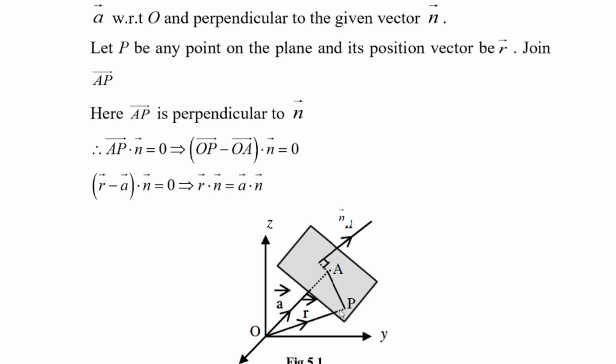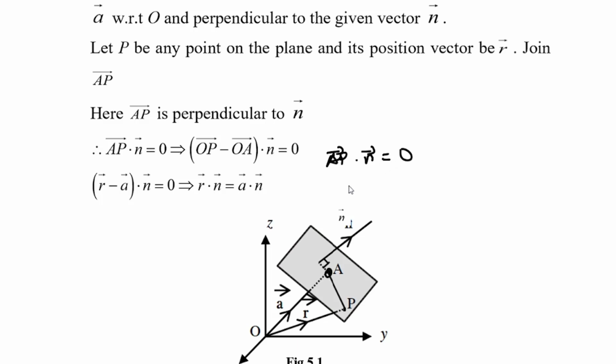For that matter, vector AP is perpendicular to vector N. So joining point A to point P creates vector AP, which is perpendicular to N. And for perpendicular vectors, we've already said that if two vectors are perpendicular, then the dot product between the two vectors is equal to 0.